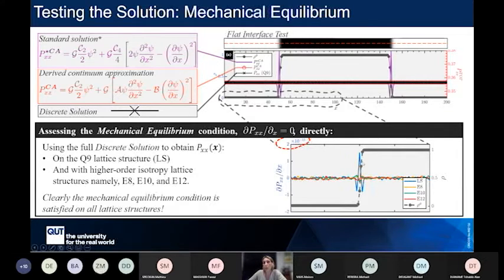We have a small jump here for the standard lattice structure, but the value itself is 10 to the power of negative 15, which is basically machine resolution. So we are not concerned about this slight fluctuation. I'm just demonstrating that the solution we have derived is accurate, and it's valid for any lattice structure that we have tested.